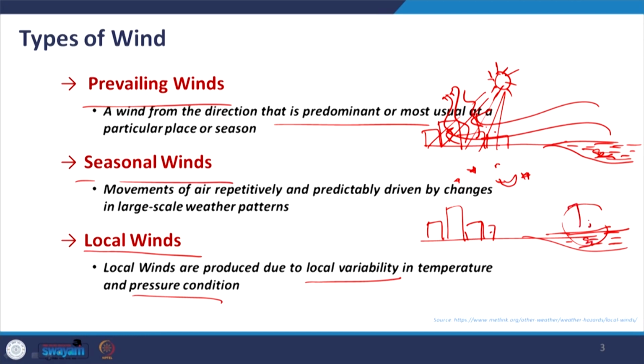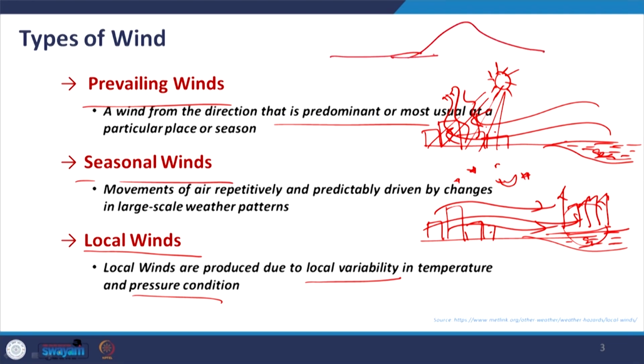So, we get warm air in this part compared to this, and then the movement of wind will be from the land to the water. So, it is basically depending on the topography, depending on the position, whether it will be near to the water body or maybe sometimes near to the hill.